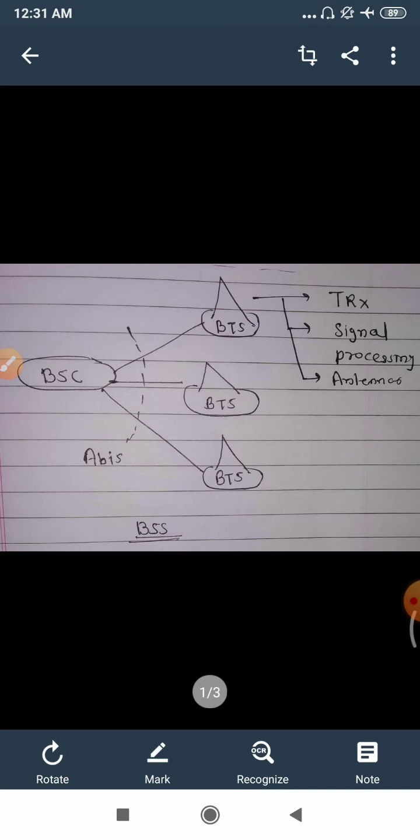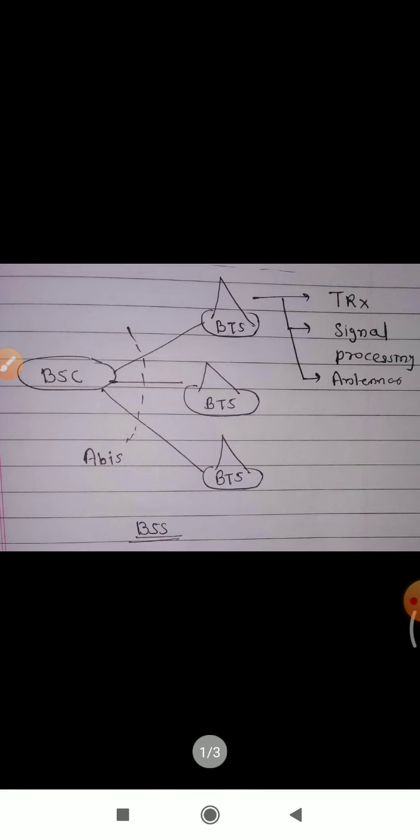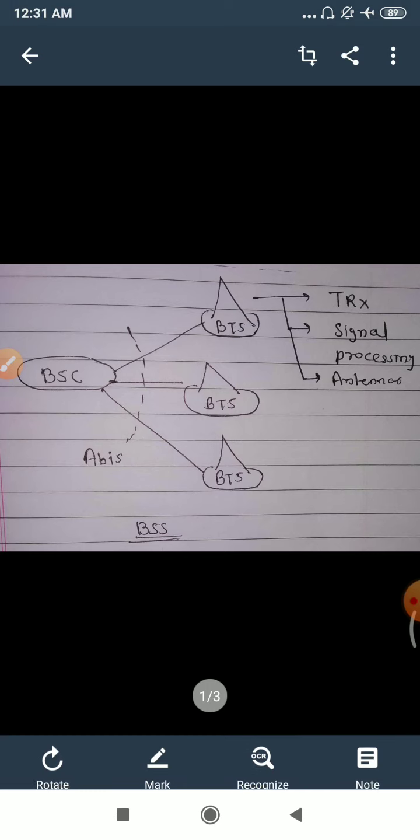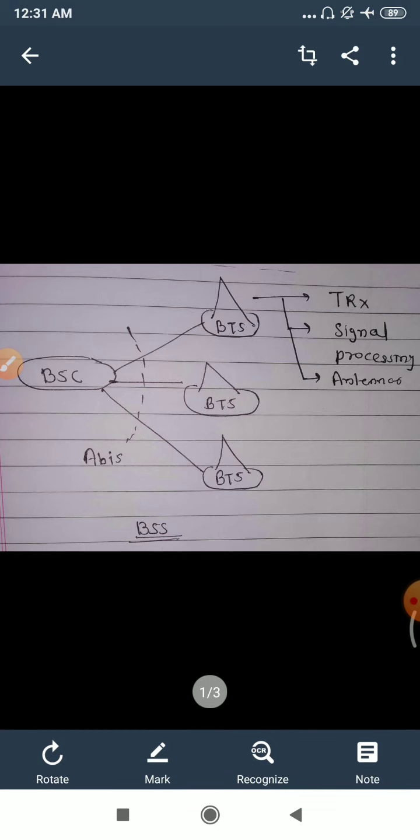From that tower, we get complete coverage on our phone. The function of that tower is to transmit as well as receive the signal to our mobile phone, as well as perform signal processing, as it has the antennas. So it will perform signal processing, that is, it will remove the noise from the signal when the call is processing. Okay, so from this diagram you can easily understand.